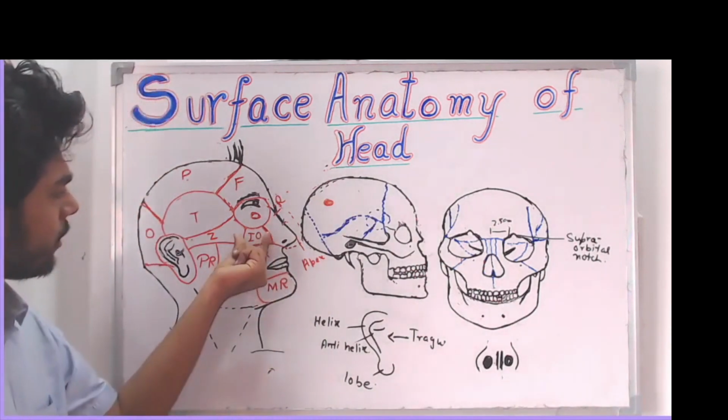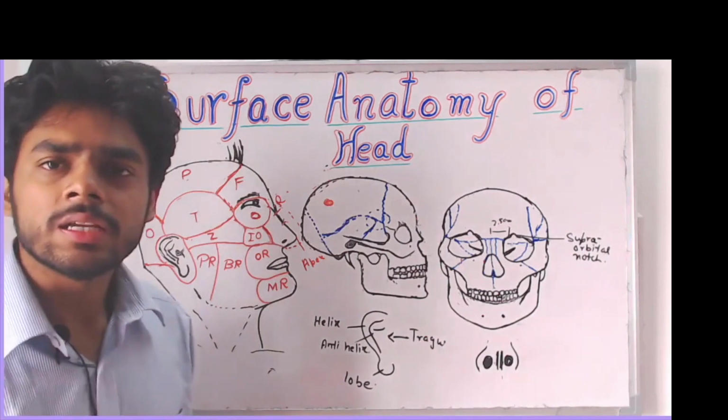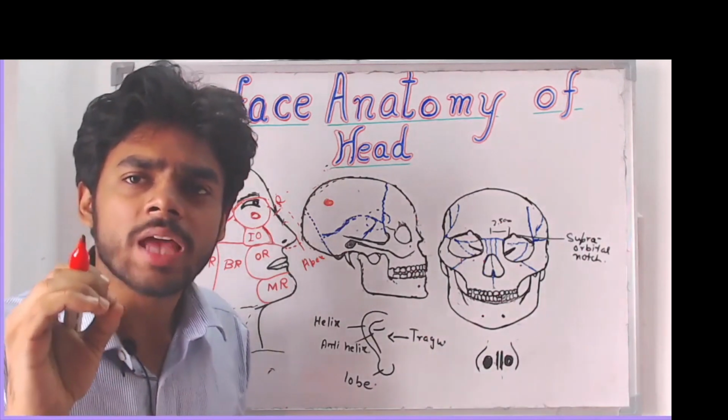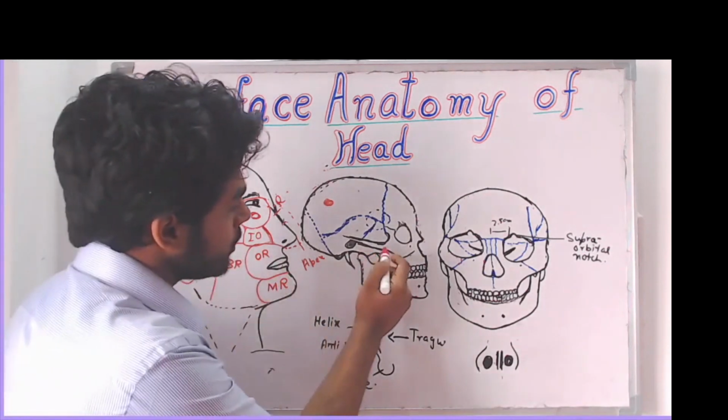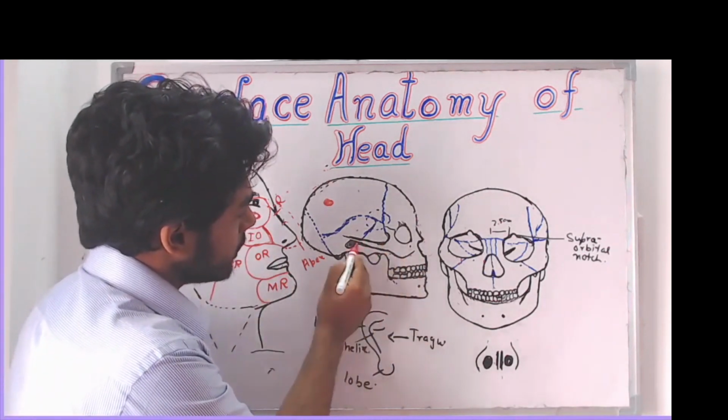After infraorbital, we will study the zygomatic region. The zygomatic region overlies the zygomatic bone and the zygomatic arch. This is the zygomatic bone, and this part is the zygomatic arch.